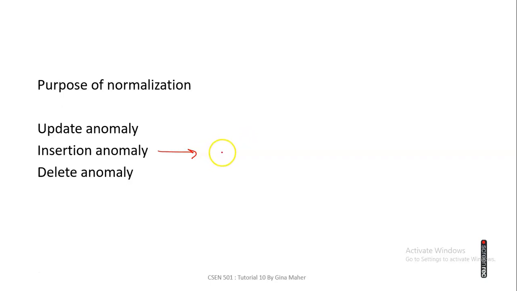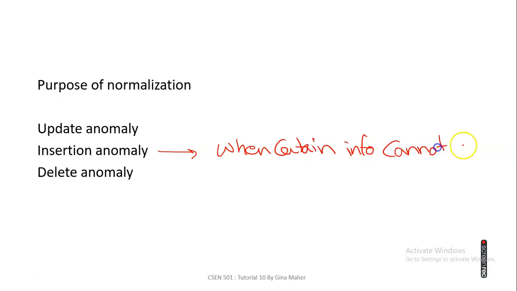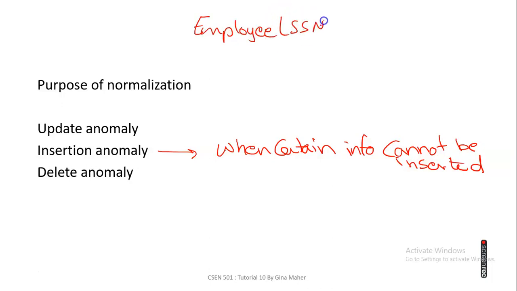How can this happen in real life? Let's assume that we have a relation employee with SSN, name, age, and department name. The primary key here is the SSN.